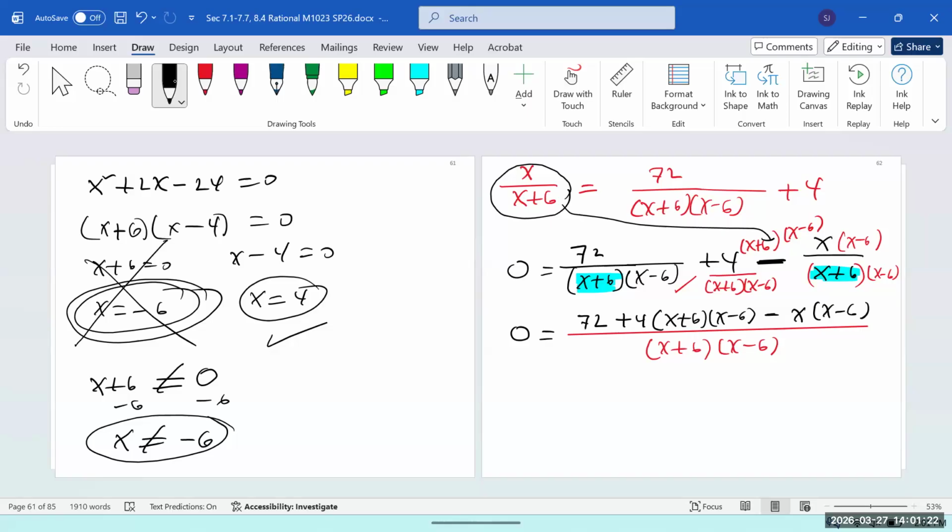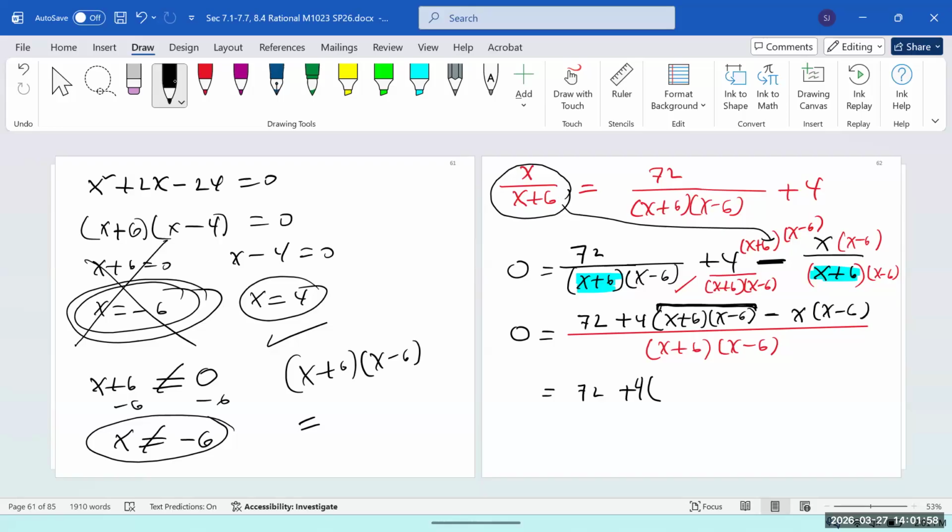And now we are going to simplify the numerator. Let's multiply this first. We have 72 plus 4 times... What do you get from multiplying (x plus 6)(x minus 6) without using FOIL? You're multiplying x plus 6 and x minus 6. x squared minus 6 squared. Good. These are conjugates.